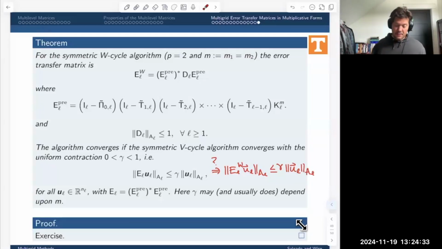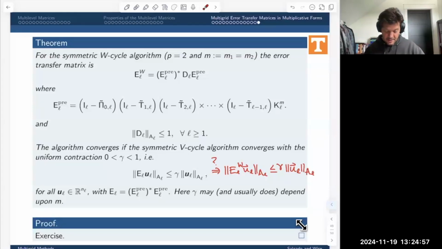Basically, all I wanted to do was show that there was a new way of looking at the error transfer matrix. And this way of looking at it confirms conclusively that the symmetric V cycle and the symmetric W cycle are effectively multiplicative general linear iterative schemes. Now, we didn't exactly show it for the W cycle.